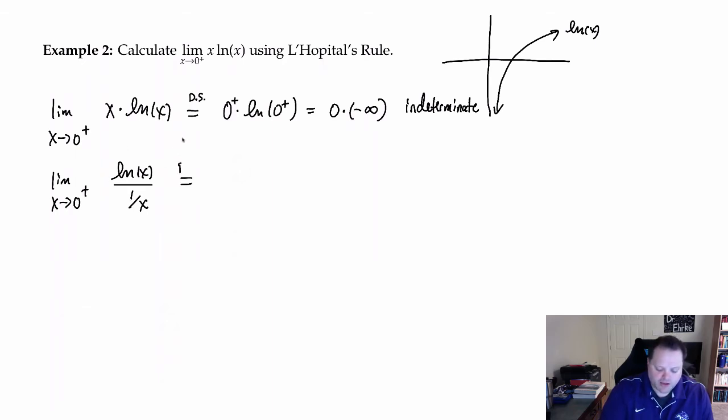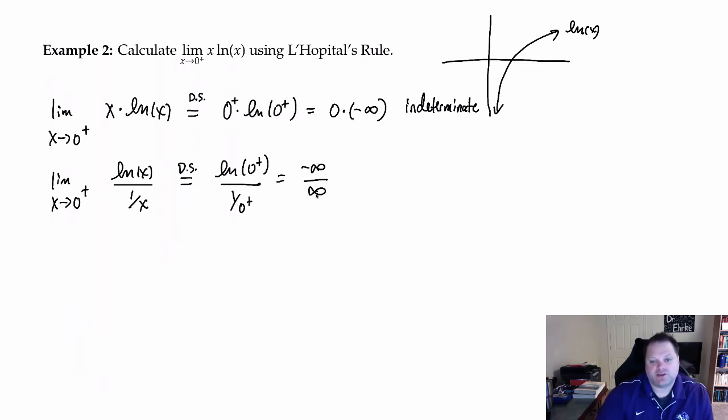Let me plug the limit back in and see if I have the correct type of form now. So I've got natural log of 0 from the right on the top, and I have 1 over 0 from the right on the bottom. This is negative infinity for the natural log, and then 1 over 0, 1 over a very small number gets very big, and because it's approaching from the positive side, it gets very big positively.